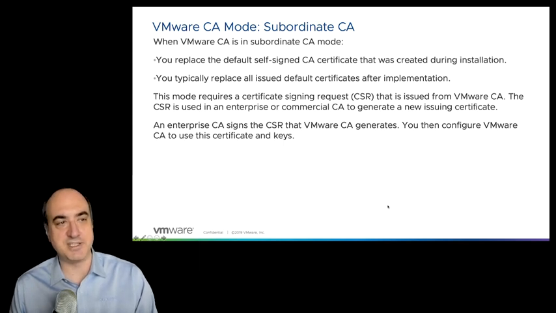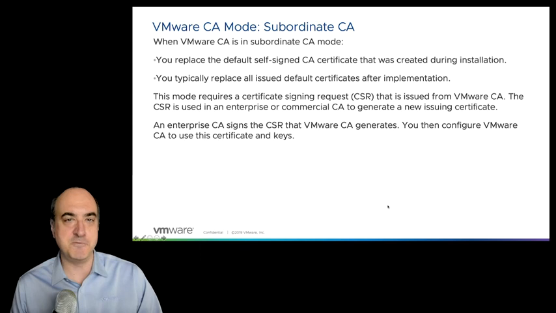The enterprise CA will then sign that CSR, and then you may configure your VMCA to use this and its keys. Now, all the certificates, the vCenter machine certificate, the ESX server machine certificates, those solution users can have new certificates issued for them that are now going to be trusted by anybody who trusts the CA that this VMCA is a subordinate to.